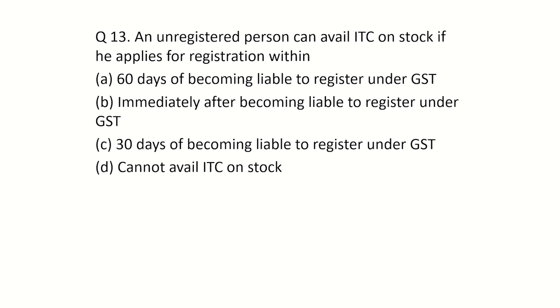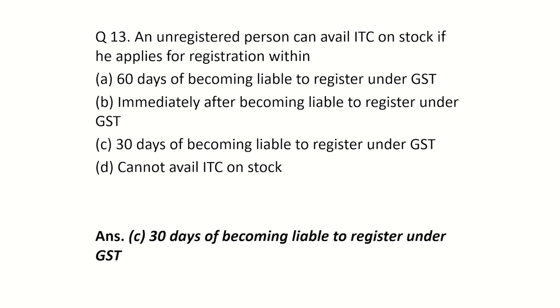That is, if an unregistered person has to apply for registration, then how many days does he have to avail the ITC on the stocks available with him? The provision of section 18 says that an unregistered person who gets himself registered has the option of claiming input tax credit up to 30 days of becoming liable to register under GST.